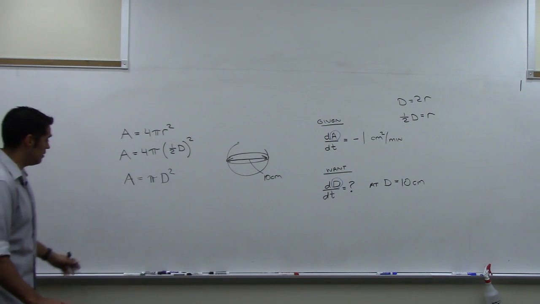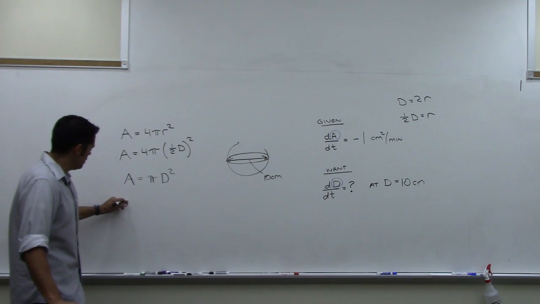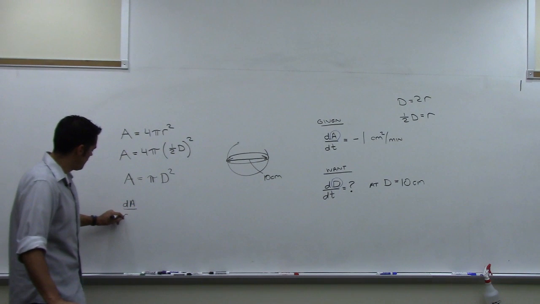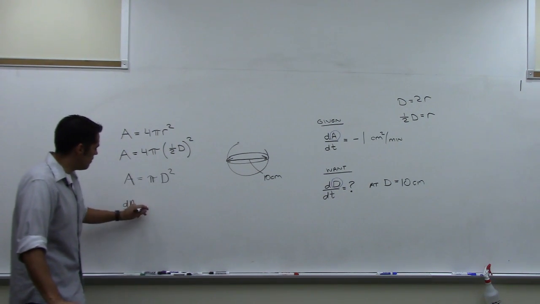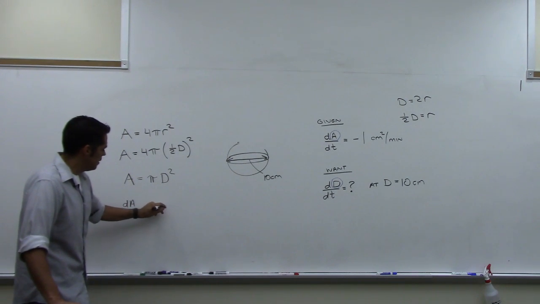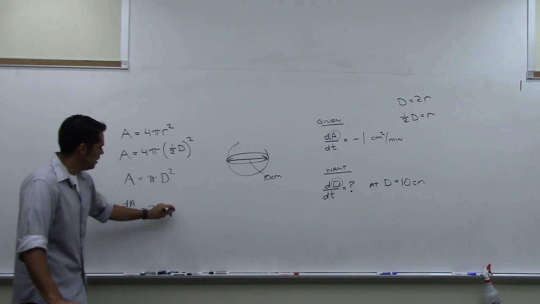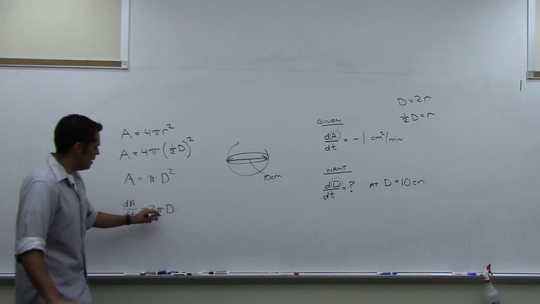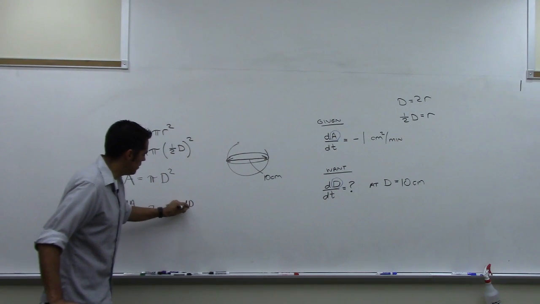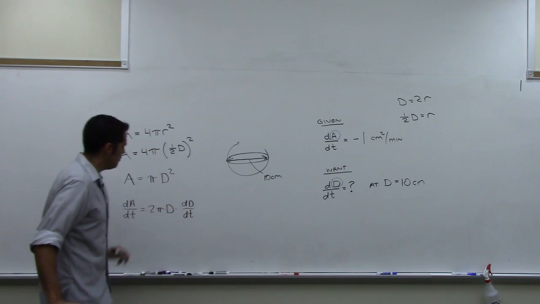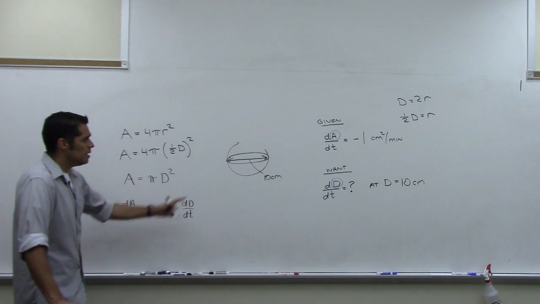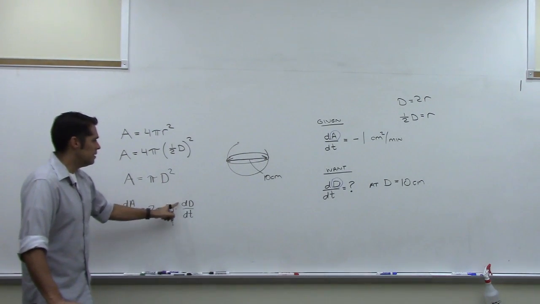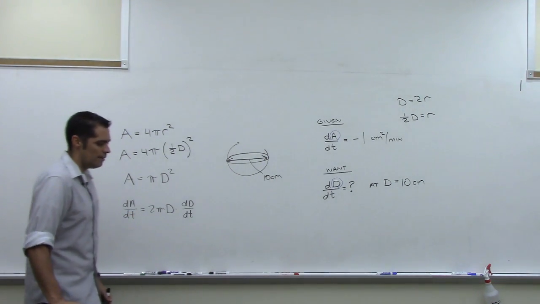I can differentiate that with respect to time now. So dA/dt equals, the pi is going to stay, the 2 is going to pop out, so 2 pi D to the first power times chain rule, the derivative of capital D with respect to time. dA/dt I'm given, capital D I'm given 10, and dD/dt is what I want. So I have everything I need here.